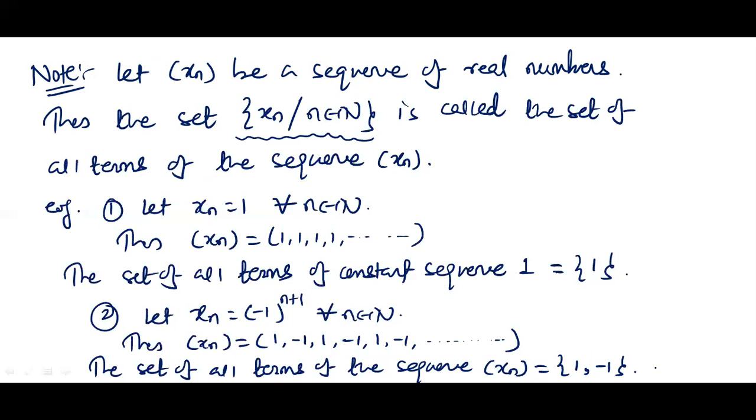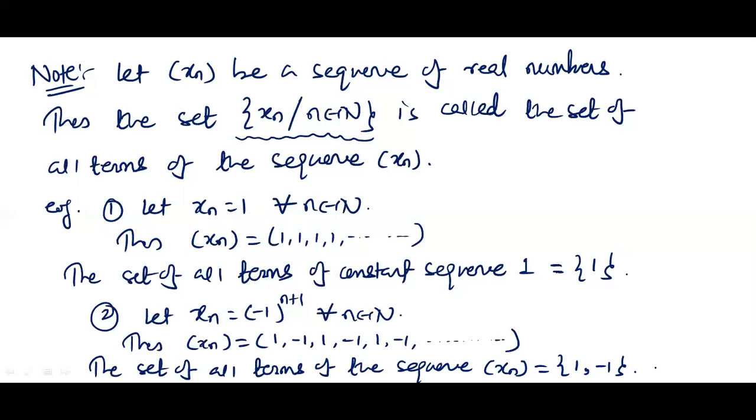Means here you can see that the sequence contains infinite terms, but the set of terms of the sequence may be finite. In the first example, the set of terms of the constant sequence 1 contains a single element, that is 1, and in the second example the set of all terms of the sequence contains two elements which are 1 and -1.